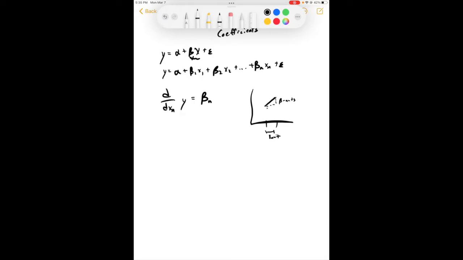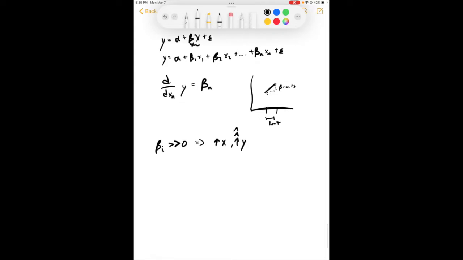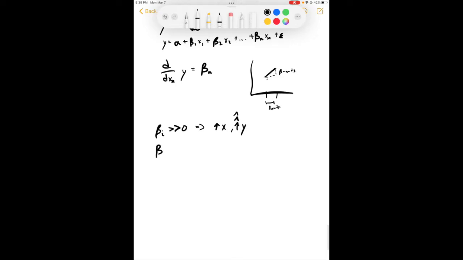And this tells us both the direction and the magnitude, I suppose, of our relationship. So a large positive value for beta, so let's say that beta i is much, much greater than 0, implies that a small increase in x could lead to a very big increase in y. Or let's say beta i is really close to 0. It's small.